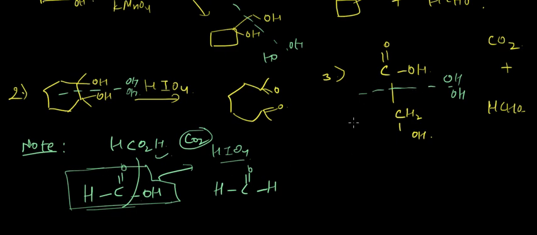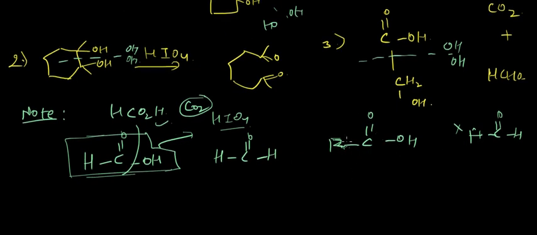But in this case, when we talk about this structure, we will have something like an R group attached here. Okay, and it is not a formyl like structure, so this is nowhere related to the formyl like structure. So in this case the CO2 formation would not be getting in the product side.